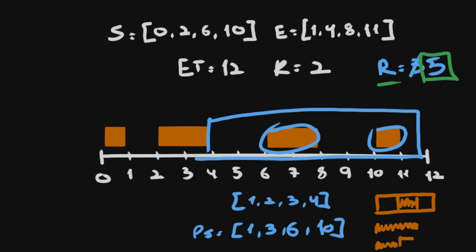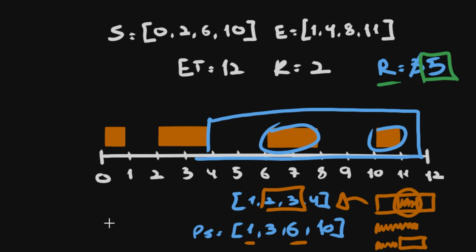Now what this means here is if we are trying to get the sum of these two elements, we can take the prefix sum up to this index, meaning 6, and subtract the prefix sum up to this index, meaning 1.